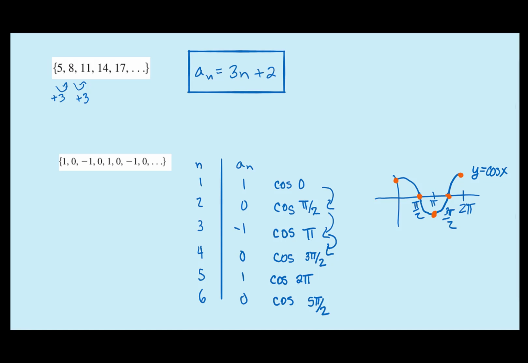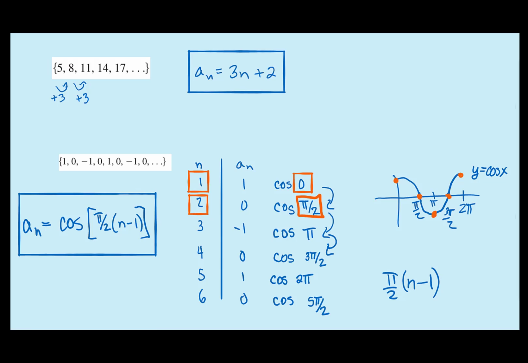But what we need to do is subtract 1 from n before we multiply it by pi over 2. So when n is 1, the angle is 0. When n is 2, the angle is pi over 2. So our formula is cos of pi over 2 times n minus 1.